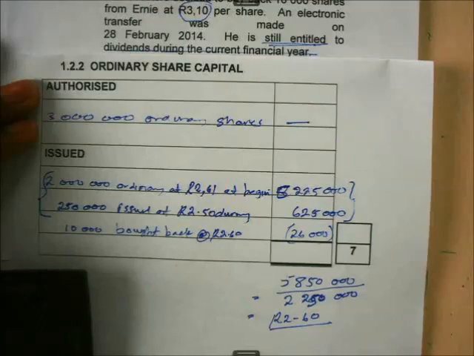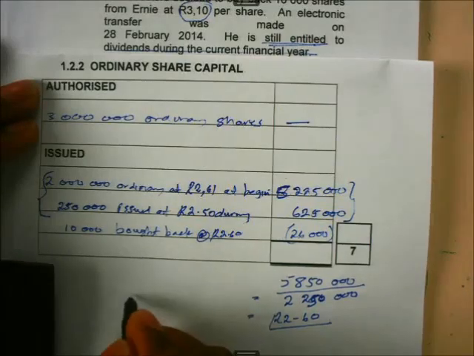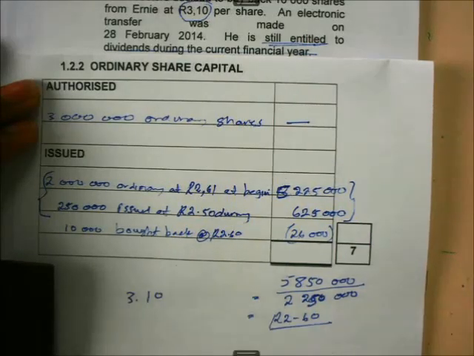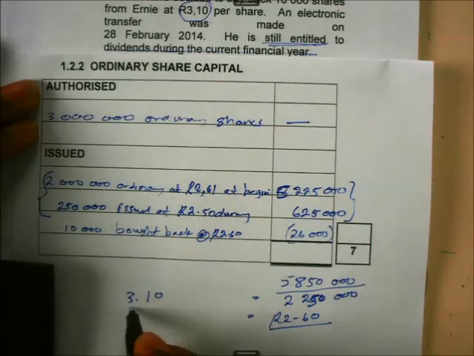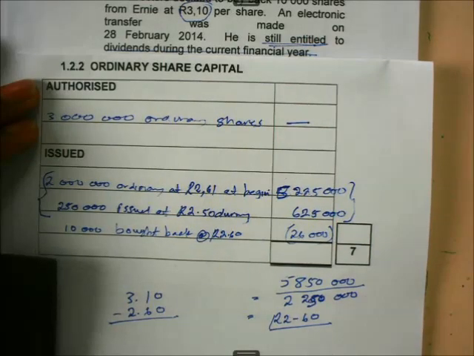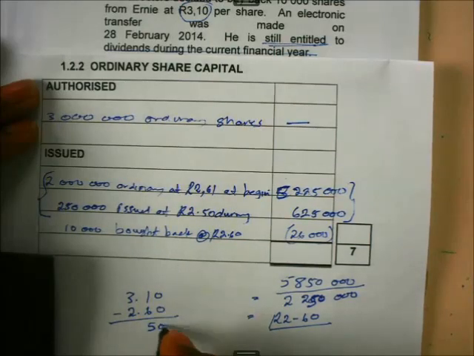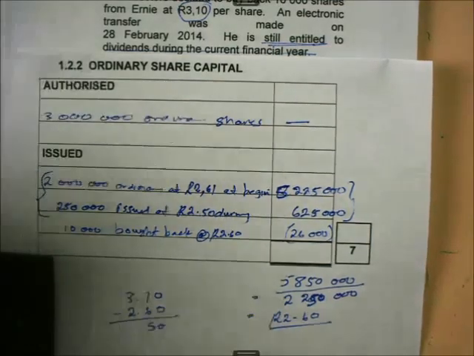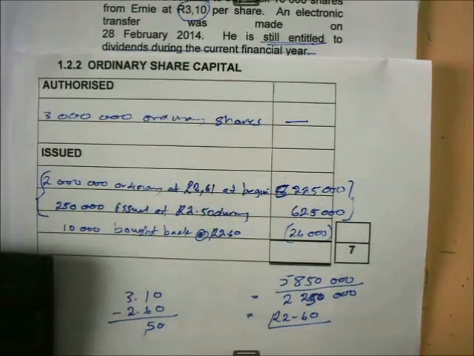Now, remember we paid R3.10. The difference between R3.10 and R2.60, which is the 50 cent, will go to the retained income note.